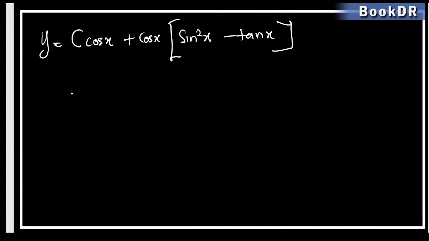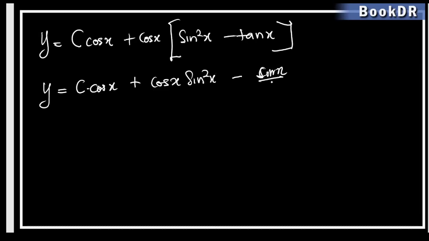So let's perform the multiplication. We have c multiplying cos x. Then we open the bracket. We are going to have cos x sine square x, then minus sine x over cos x times cos x.